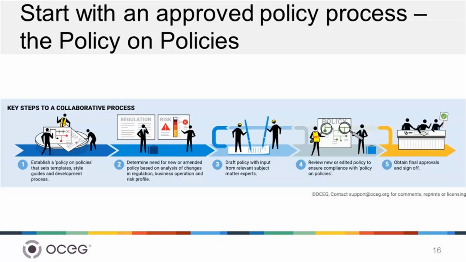But then at some point, we need to be able to determine that we need a new policy. And there's a whole other webcast we've done that specifically goes into this, determining a need for a policy. Because something in the environment's changed, a business change, a risk change, a regulatory legal change that indicates we need a new policy here where we didn't need one before, or we need to revise a policy.